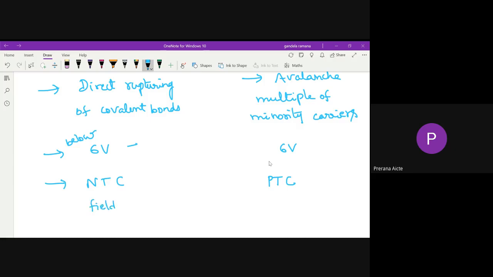Avalanche is called impact ionization, as one carrier strikes another. Zener breakdown mechanism is also called the tunneling mechanism.